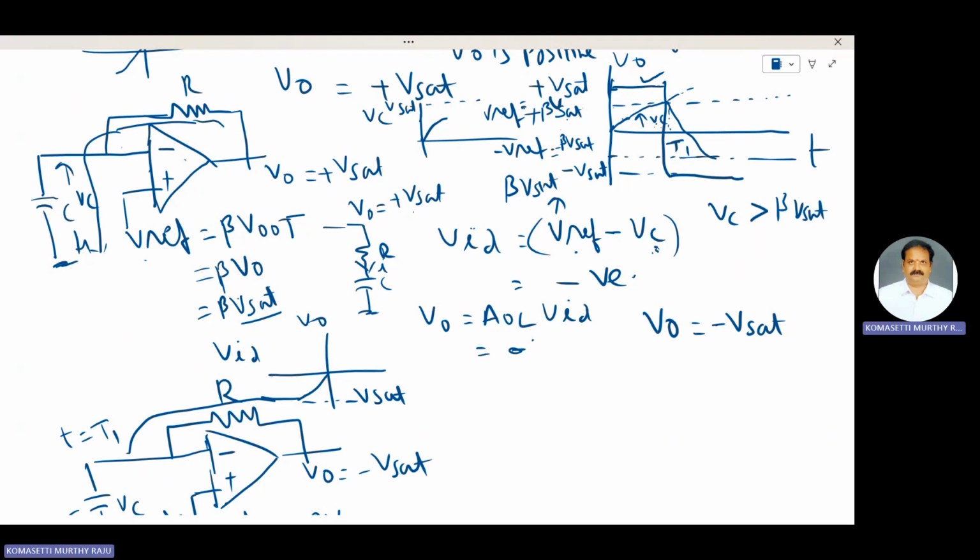When the output voltage switches to minus V sat, the capacitor charges more and more negatively until its voltage just exceeds minus beta V sat. The important point here is that the capacitor voltage VC just crosses the minus beta V sat reference voltage.